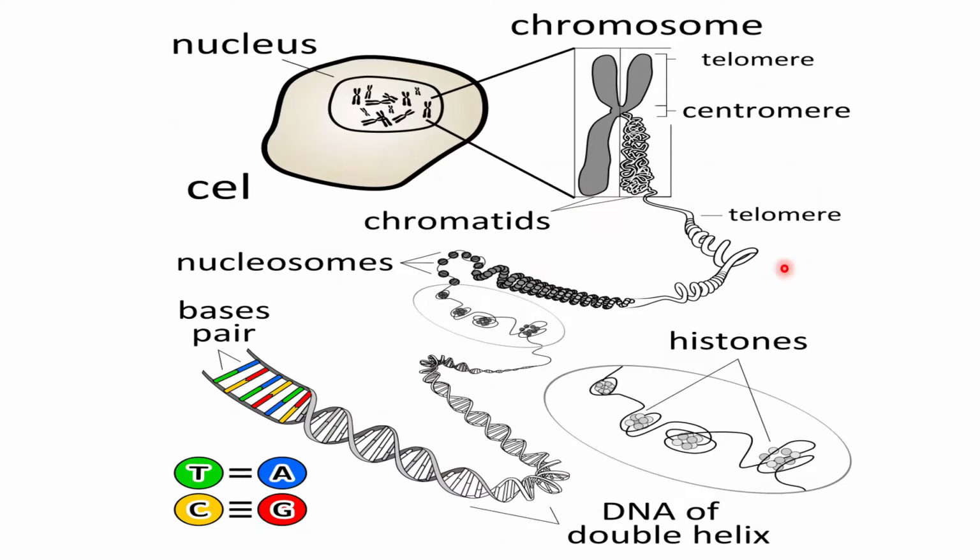So maybe to show you how complex human beings are, take for example the DNA that we have. In a cell, you can appreciate that it has a nucleus. And in that nucleus, it has chromosomes. Those chromosomes are made up of telomeres, and those telomeres are made up of nucleosomes.